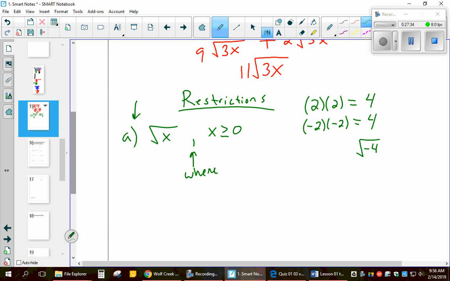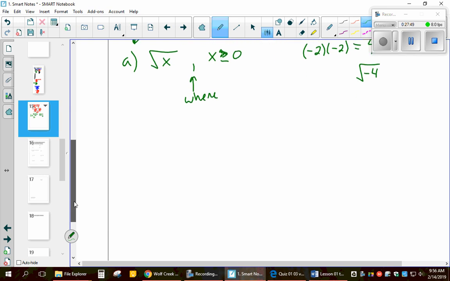Does that make sense? You guys are okay with your greater than? It's like an alligator and it opens up to eat the bigger number. Okay, so it's bigger than or equal to 0. Now that makes sense.